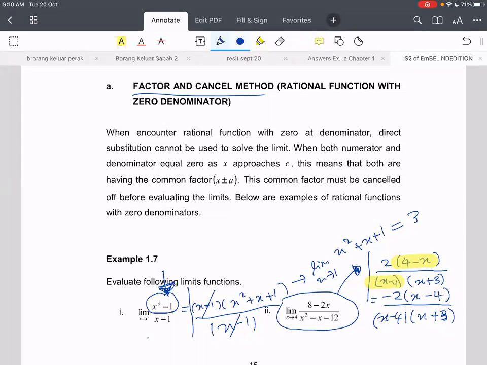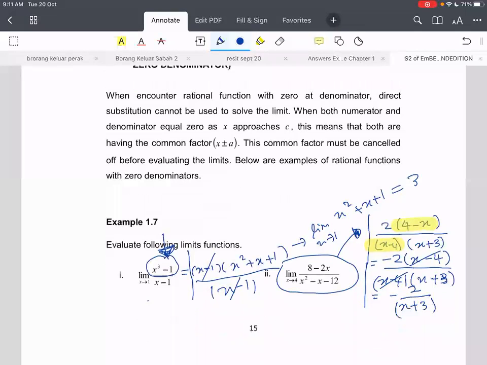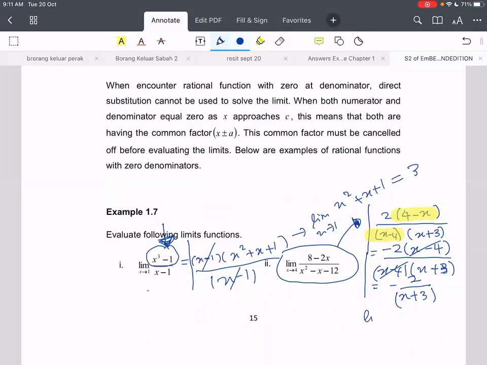Clear? So once you obtain this, you can cancel this out. What's left is minus 2 over x plus 3. Step by step. Once you obtain the correct one, only then you can write this.